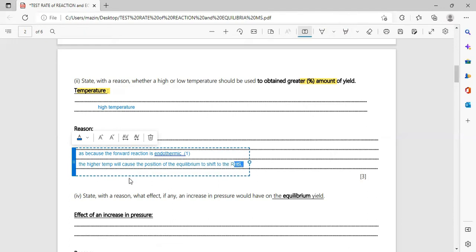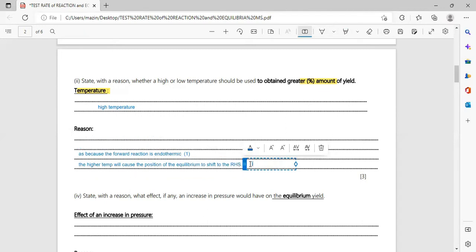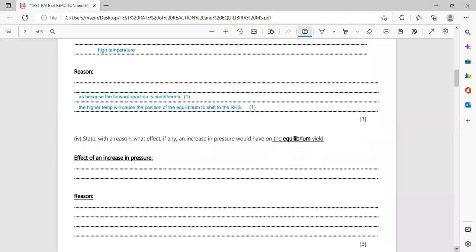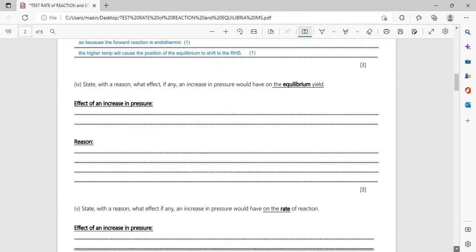You cannot write it this way in an exam, but I just do it quickly. And here is another mark, and the high temperature selection is one mark. And if you write that the backward reaction is exothermic, that is also okay.